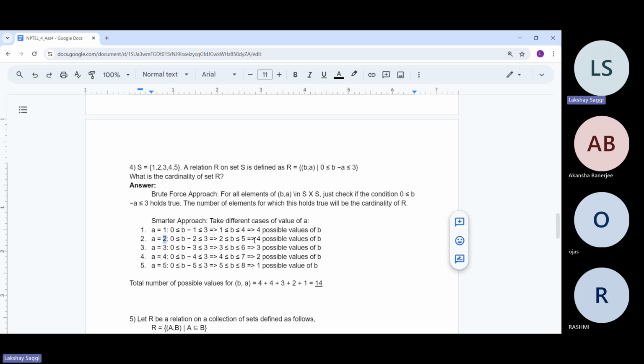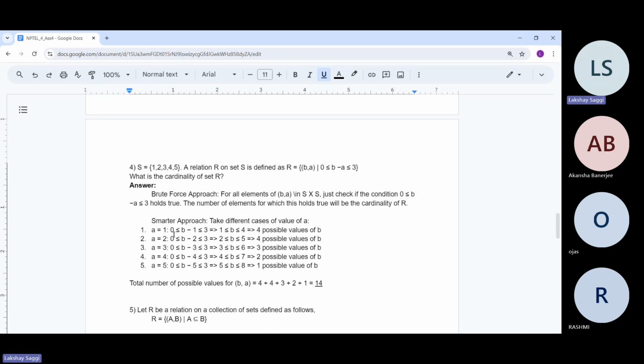Similarly, when A was 2, we had again four possible values from 2 to 5: (2,2), (3,2), (4,2), and (5,2), and so on. So you can list out those 14 cases also. But here, 14 is the correct answer for the cardinality of set R. I see that Ojas has also answered in chat the answer 14. So good job, Ojas. The answer is correct.